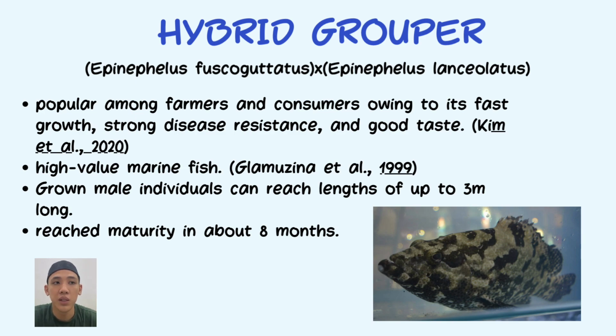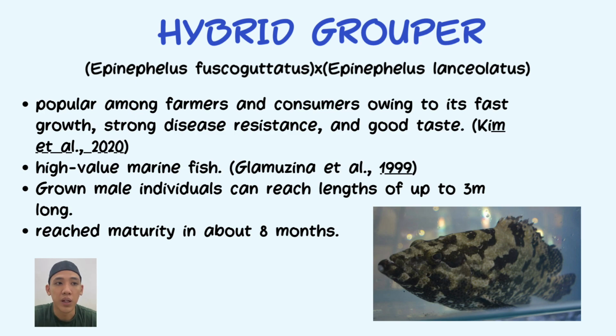The hybrid grouper is also a high value marine fish, and this is related to the statement above: it is high value because of the fast growth, strong disease resistance, and of course the good taste.